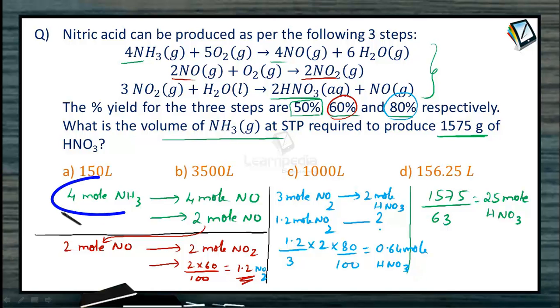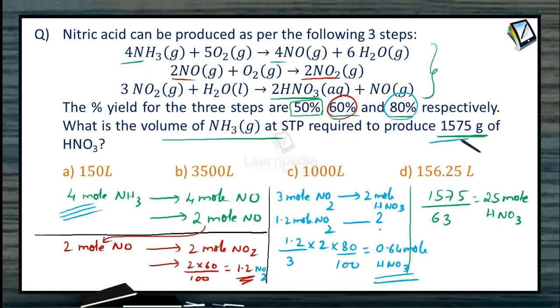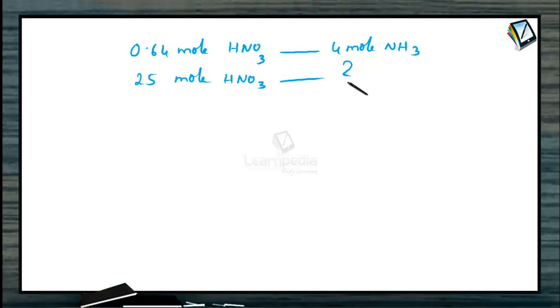Means from 4 mole of ammonia, we are getting 0.64 moles of nitric acid. So to get 0.64 mole of nitric acid, we require 4 mole of ammonia. And in order to get 25 mole of nitric acid, which is the given value in the numerical, how many moles of ammonia is required?